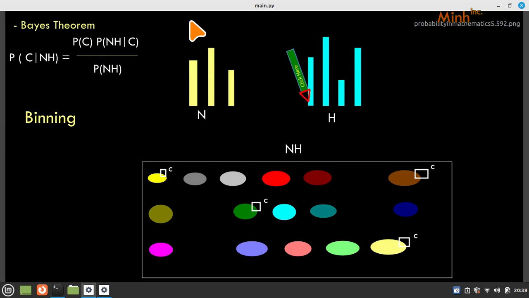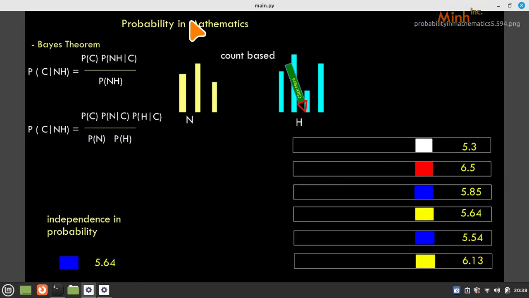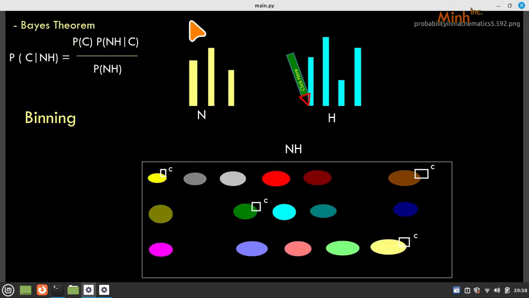Height we can bin in the sense that people who are 6 feet 1 inch would come in one height, and 6 feet 2 inches would come in another height. When I say 6 feet 2 inches, that includes 6 feet 2.1, 6 feet 2.2, so all the fractions inside that.